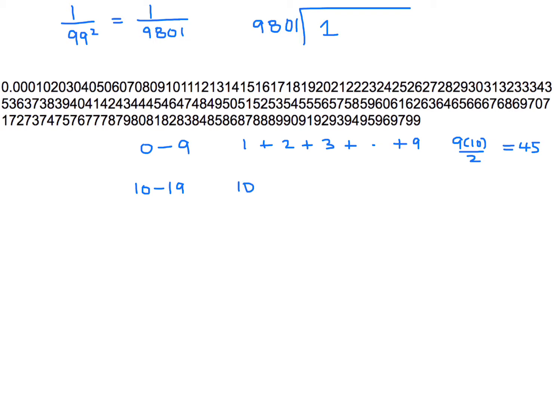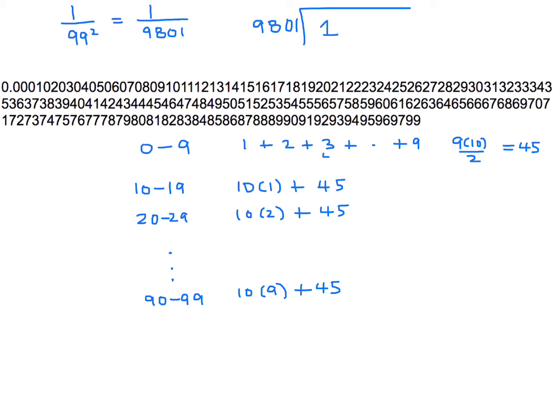So it's going to be 10 times 1, and then plus that 45. And very similarly, from 20 to 29, it would be 10 times 2 plus 45, like that. And then it just keeps on going like that until you get to 90 to 99. It would be 10 times 9 plus 45.